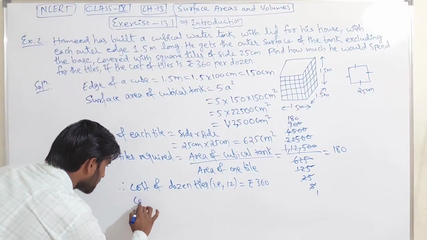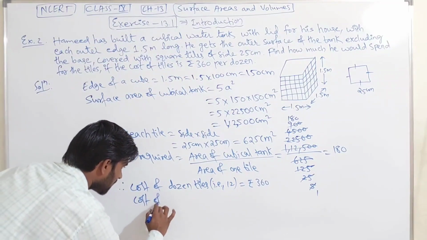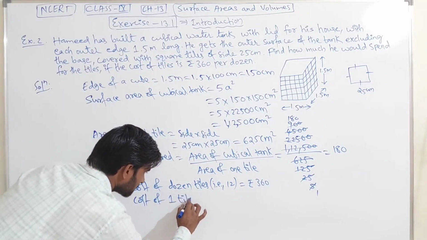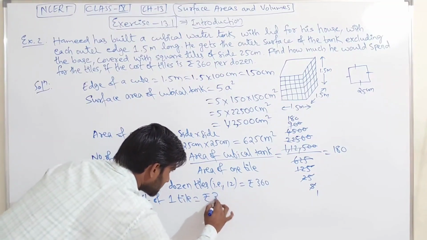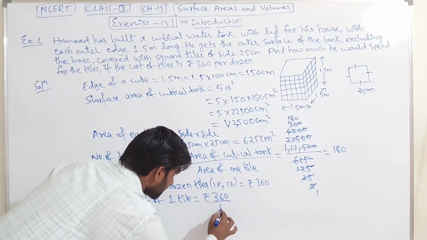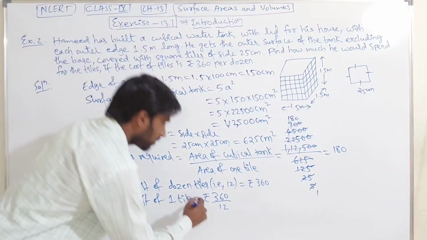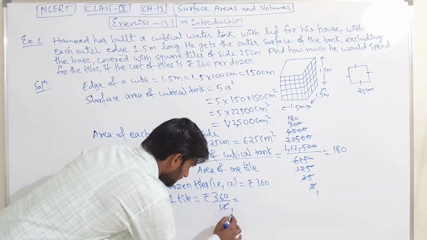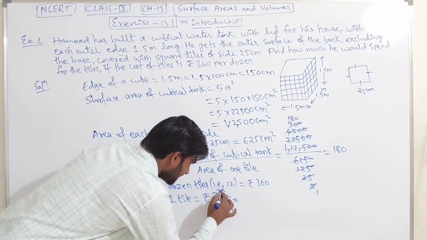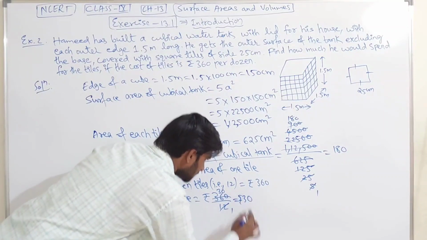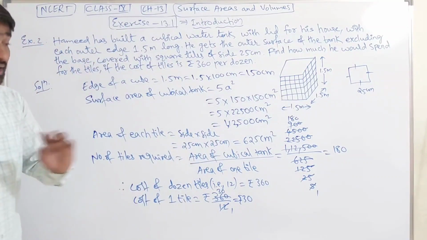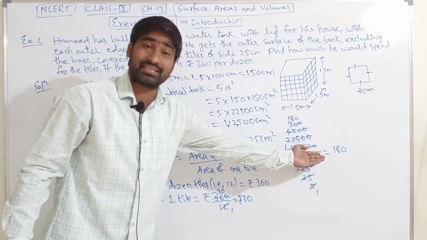Now we have to find the cost of one tile. The cost of one tile will be equal to rupees 360 divided by 12. So 12 ones are 12, 12 threes are 36 and 0. So rupees 30 is the cost of one tile.